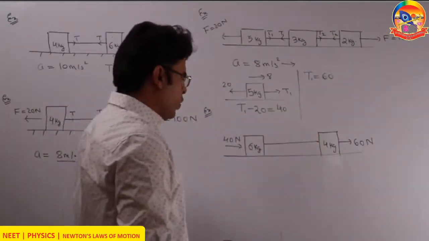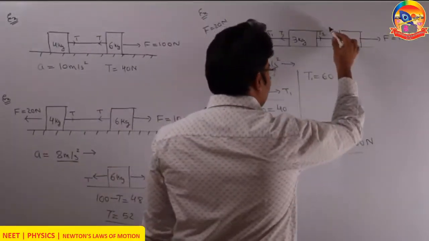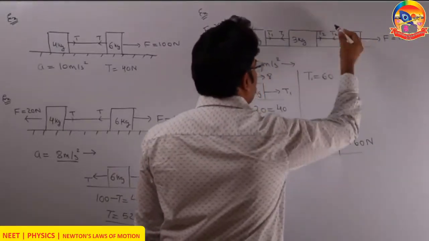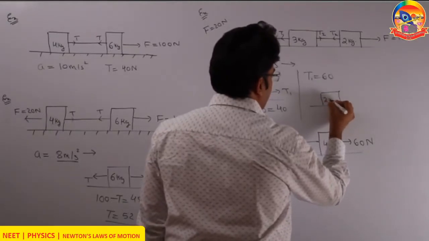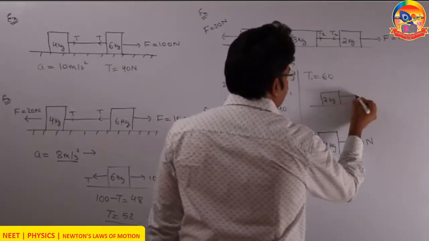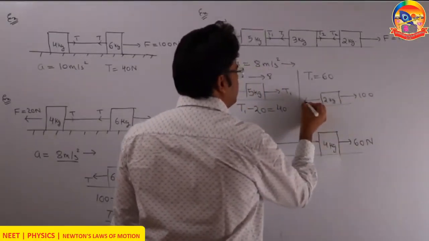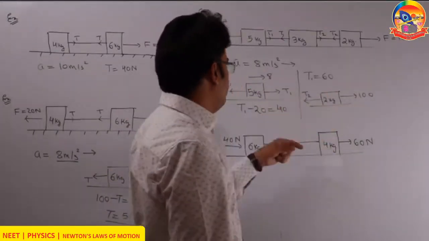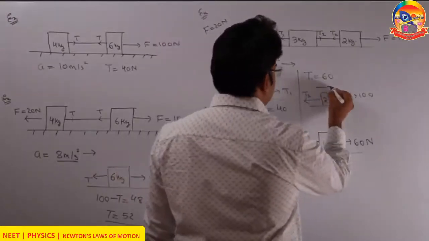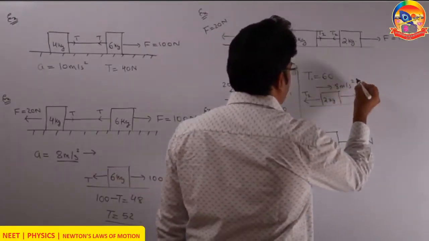Now, going ahead, to find T2, you can make the equation on this 2 kg. On this 2 kg, the external force is 100, the tension is T2, and under the influence of these two forces, 100 and T2, it also accelerates with an acceleration of 8 meter per second square towards right.